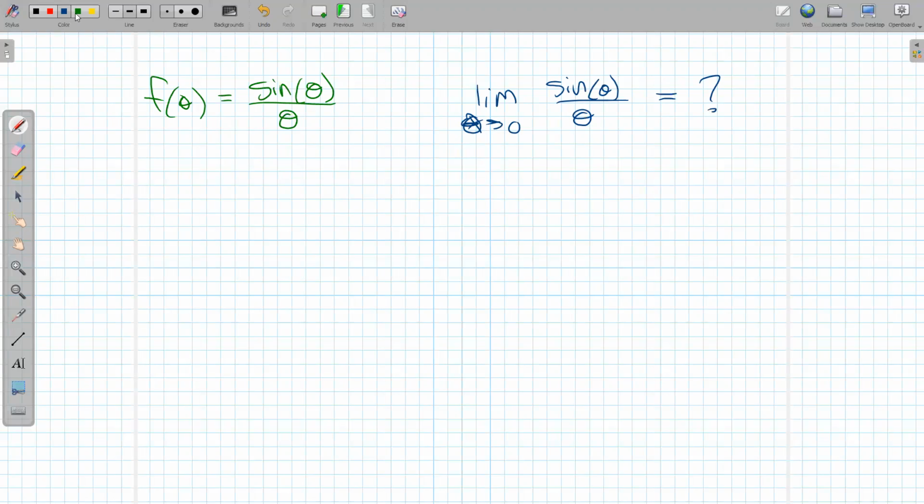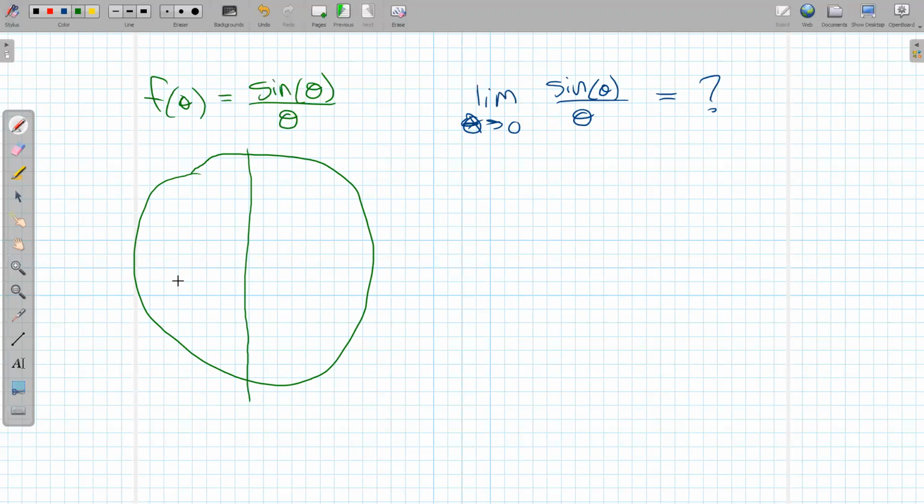So we're going to go back to the origins of the sine function and consider the unit circle. That's my best unit circle today. Here's the y-axis, the x-axis there. That's the point 1, 0, and 0, 1.